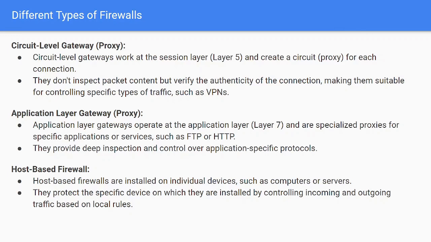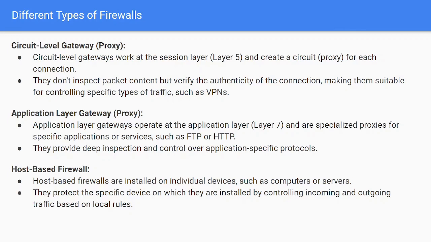So let's say on a particular system or server, there's a particular application in your organization that you need File Transfer Protocol for, or HTTP protocol for. First of all, this application firewall will check that this particular protocol is allowed for this application. Let's use Microsoft Teams as a relatable example.